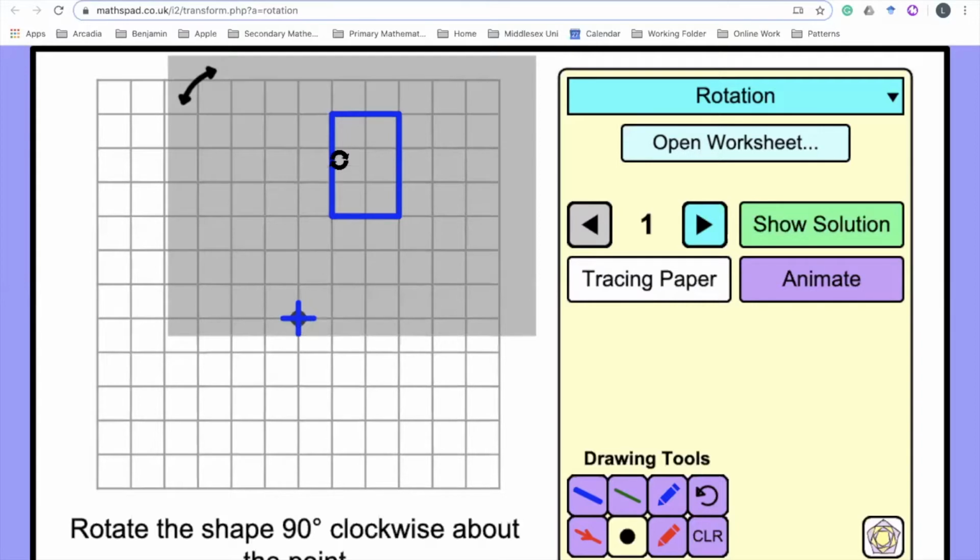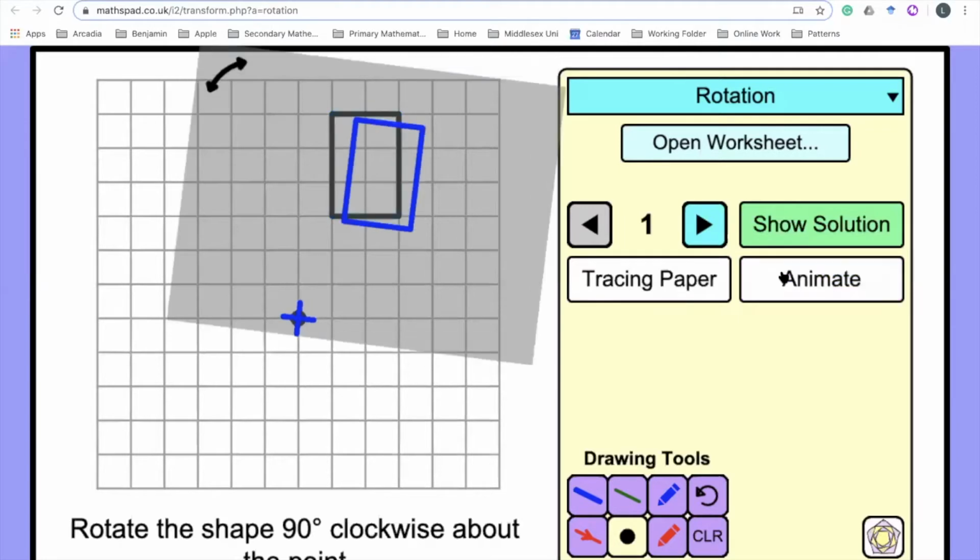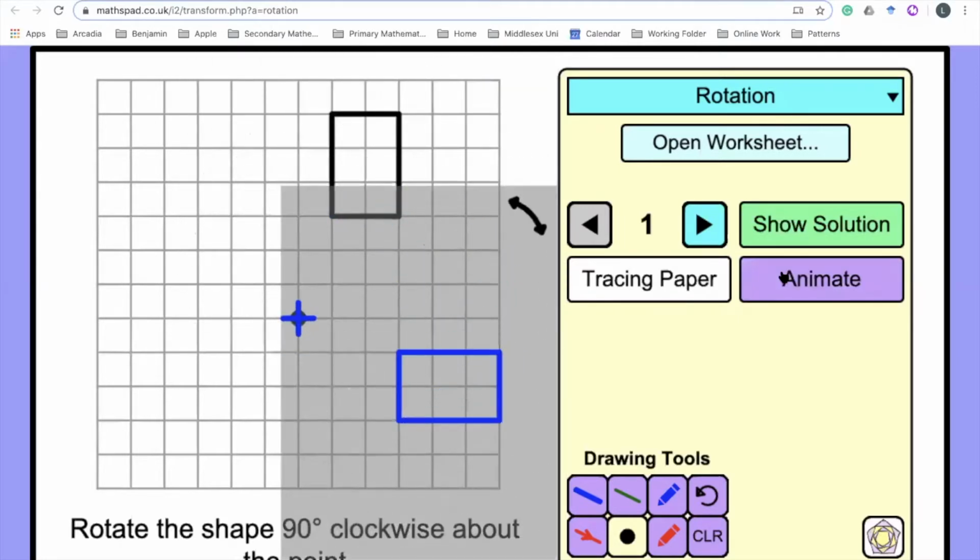You would then trace around this shape, put your pencil here, and turn the tracing paper 90 degrees. There you go. And then you would use your pencil to trace over this underneath the tracing paper, and that would be your solution. The red square is the solution.